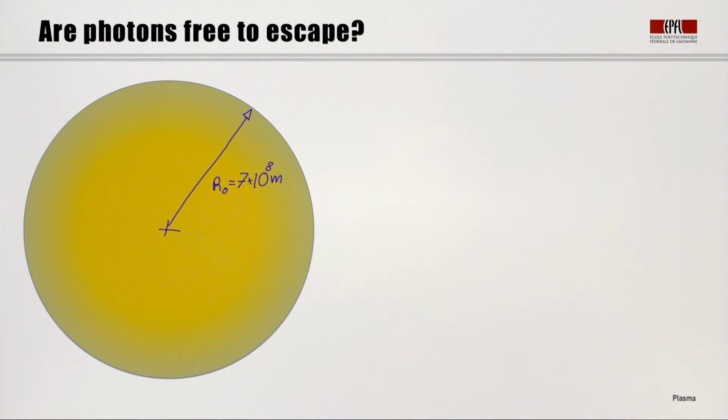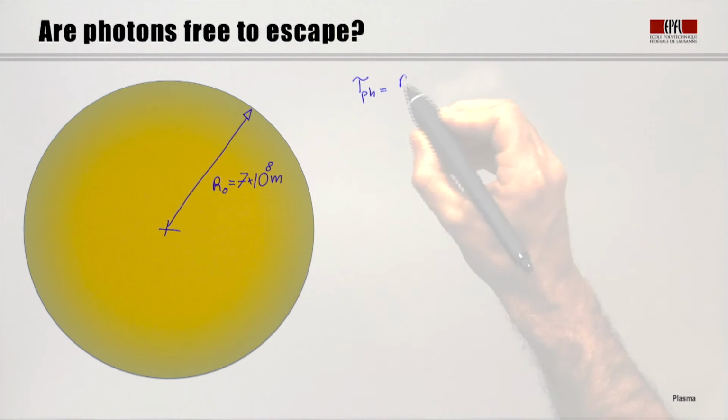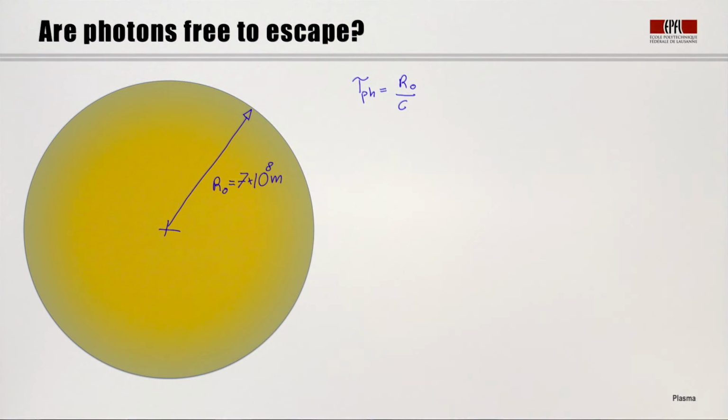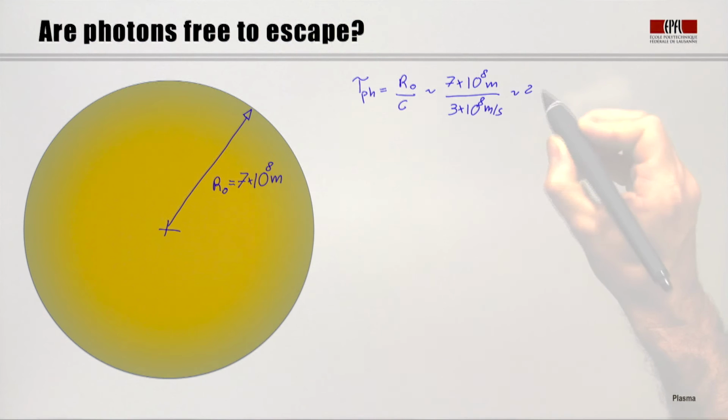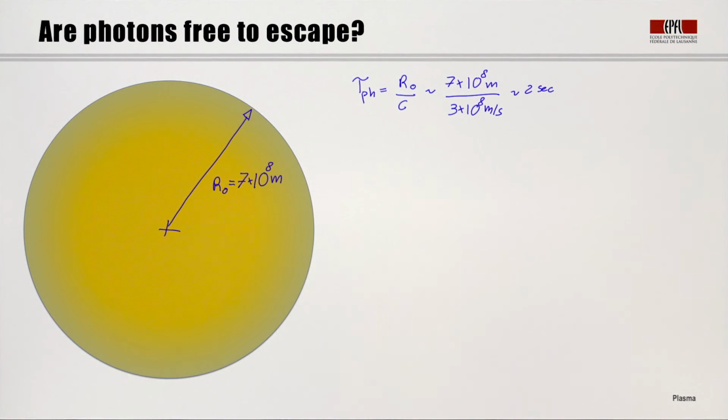The time that it will take for this photon to reach the surface of the Sun can be simply estimated in the following way. Let's now plug the real numbers to estimate this time. By making the simple assumption of free-flying photons, a photon that is generated in the center of the Sun will take only approximately 2 seconds to reach its surface.